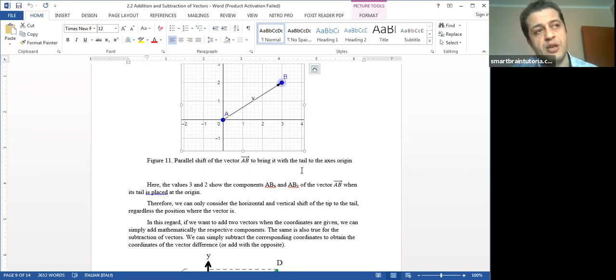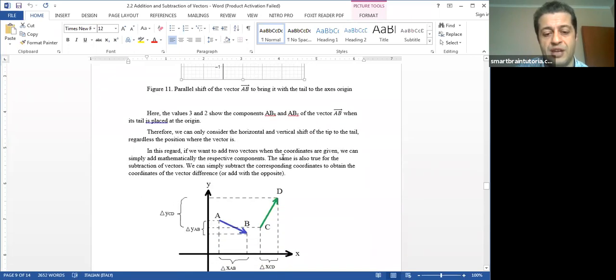You say yes, because you know that the value 3 represents the horizontal shift. You can place the origin of the vector at 0, 0, and the tip of the vector will be at the shown coordinates, the position 3, 2. You only need to know the coordinates of the point B, the coordinates of the ending point. So you are able to draw this vector without any problem.